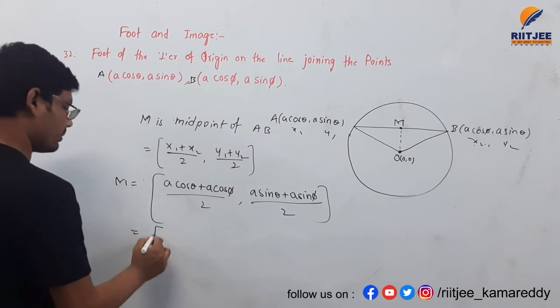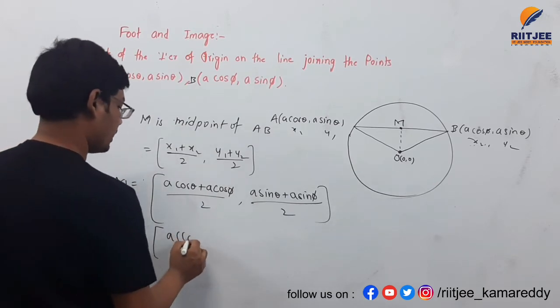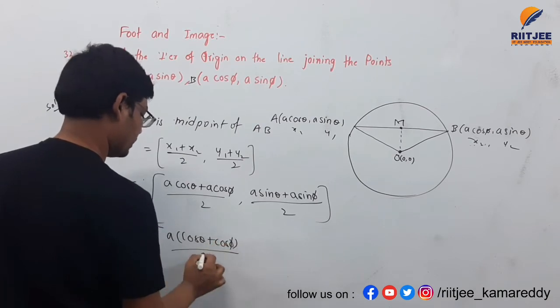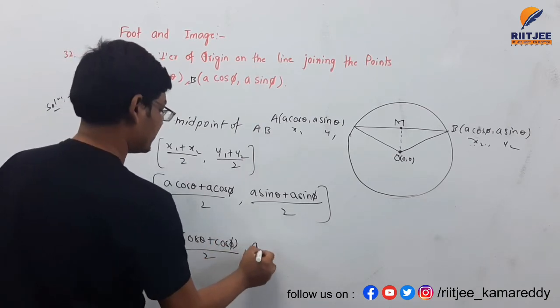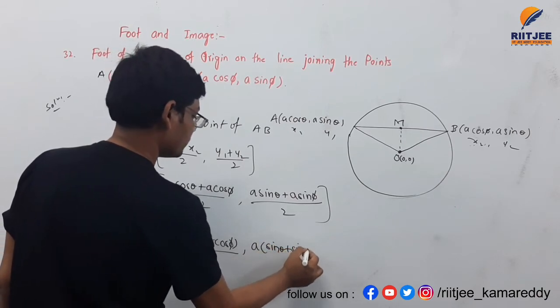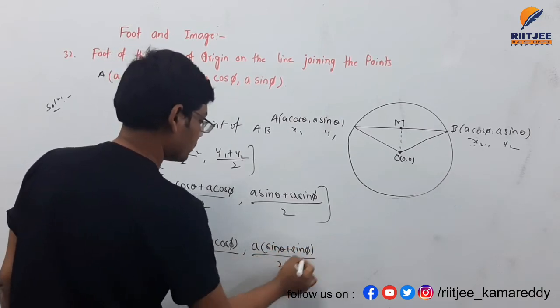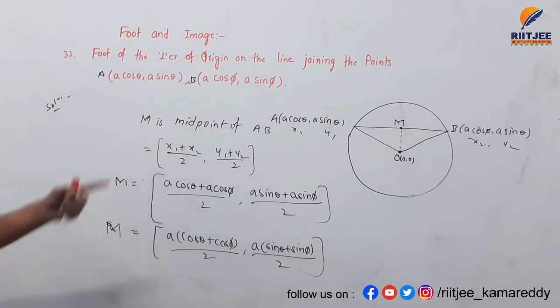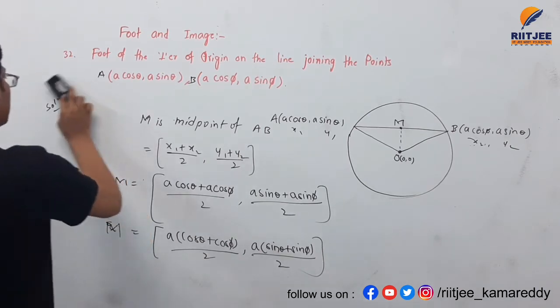Let's take A as common here: A times cos theta plus cos phi divided by 2, comma, A times sin theta plus sin phi divided by 2. This is the foot of the perpendicular from the origin O when 2 points are given. This is all about this question.